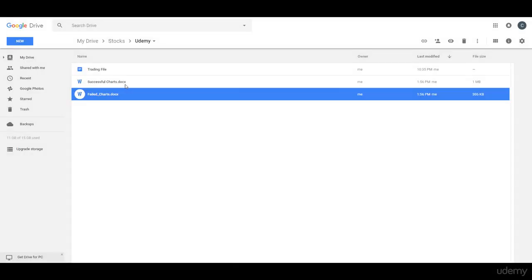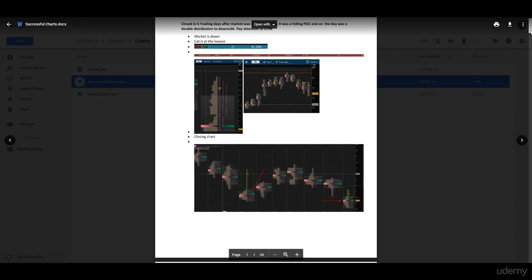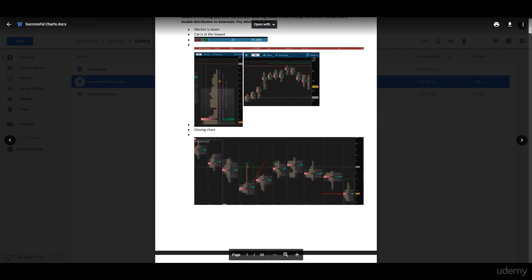Now let me show you the successful chart. Here, this was an entry. At the entry point, I'm mentioning what my market profile was. I had looked at other charts, but I don't think I put all that information in the notes, because this was the most important one that made me come to this decision.